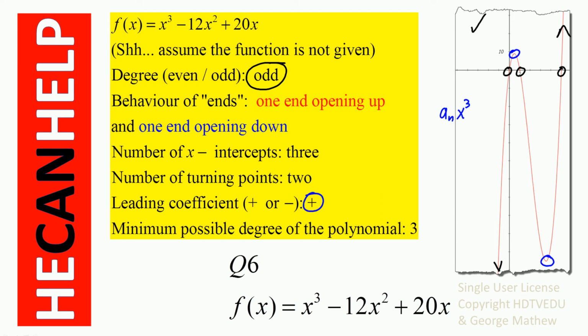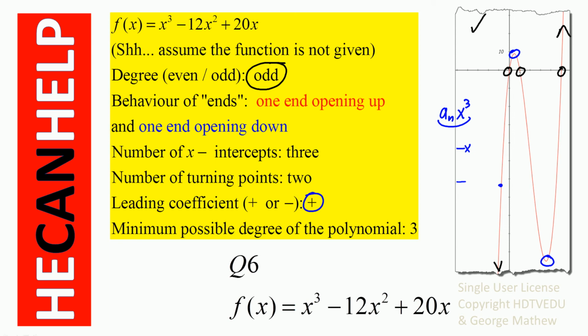A_n x cubed is negative, right? Our function, the value of our function is negative on the left. So when x is negative, the cube of that will be negative, and that negative times a_n is negative. So what can you say about a_n?